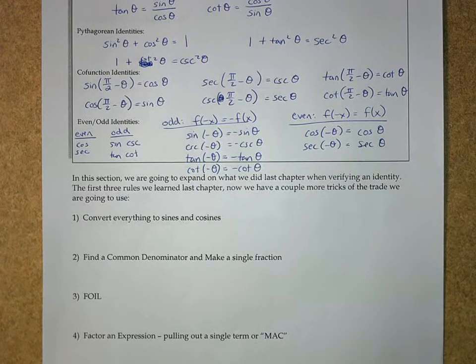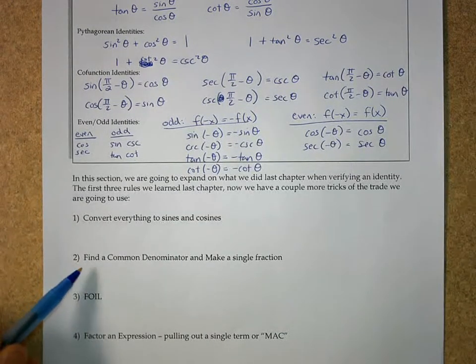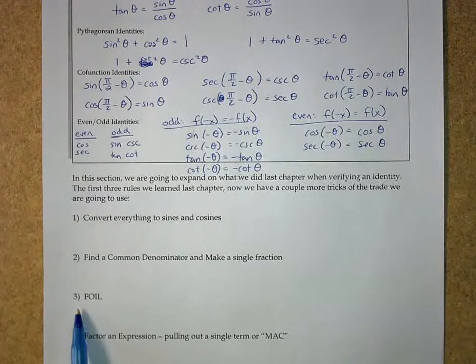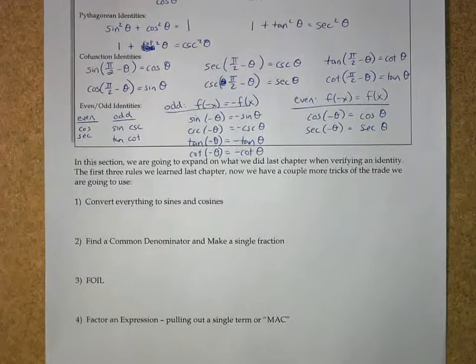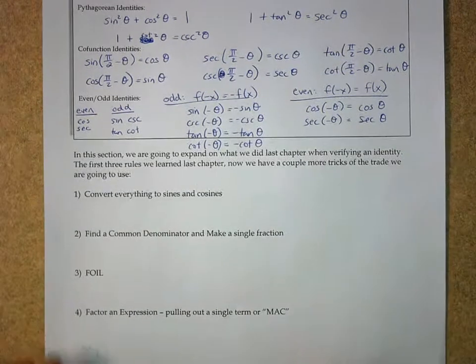And there were 3 rules we followed. The first one was convert everything to sine and cosines. The second was finding a common denominator and making a single fraction. And then the third thing was foiling. However, there's a lot more different algebraic techniques that we can do. And that's what we're going to look at in this section.